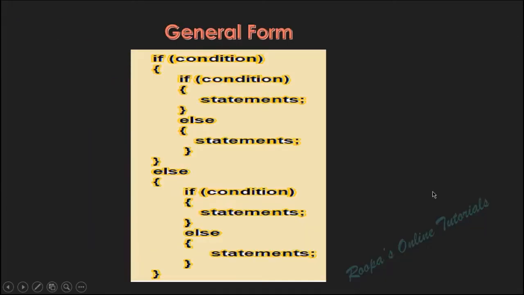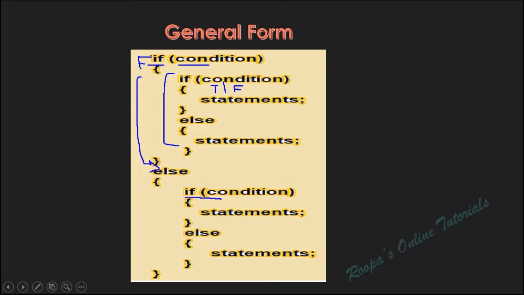The third form of if is when you have an if else in both the if block as well as the else block. Inside the if, we have one if else. Here it is going to check the condition. If it is true, it will execute this set of statements. Again, it is going to check here if it is true or false. If this condition is false, it is going to execute the else part.